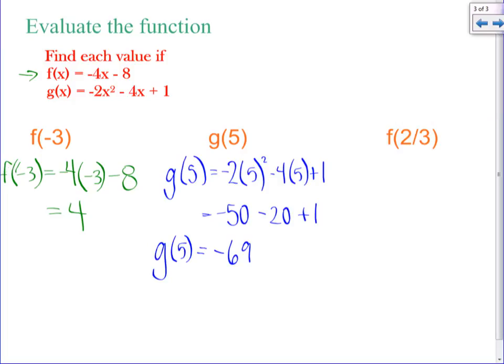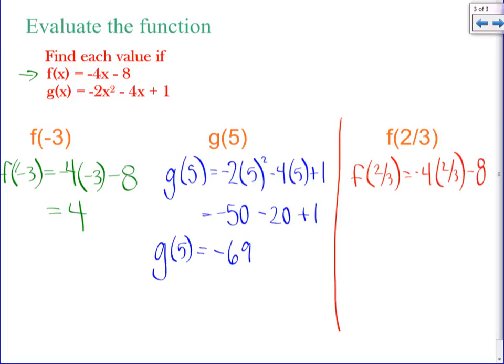One left. f of 2/3. Okay, so again, the top function, -4 times 2/3 minus 8. Okay, we're not going to use our calculators on this. I'll give you a little refresher on fractions.